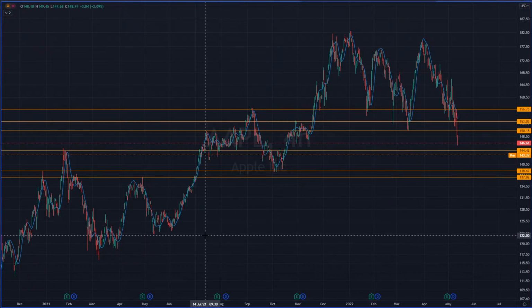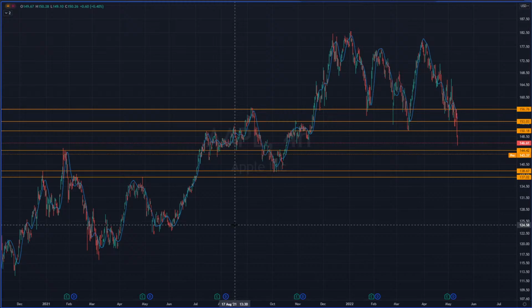I consider Apple to be one of the S&P generals because its weight is so high on the S&P 500, something like 6% or greater. So naturally, when the S&P doesn't look so hot, these big assets are usually one of the last to sell off. And that's what we're seeing right now.